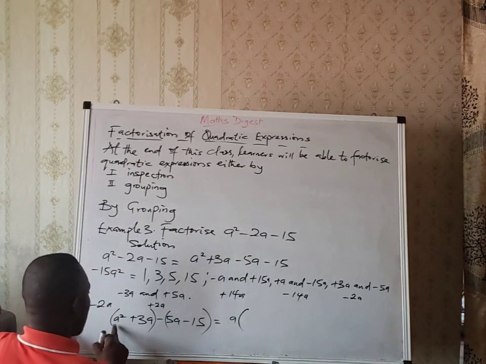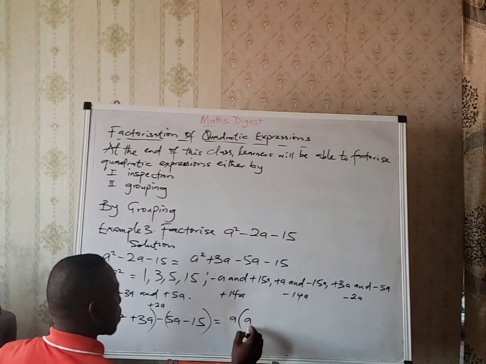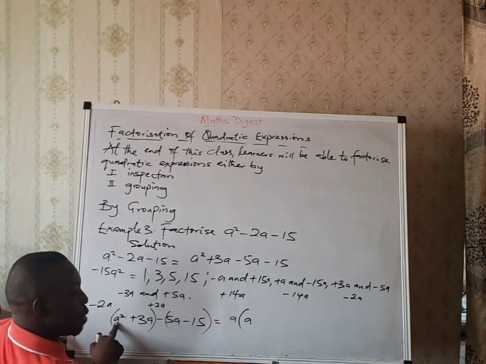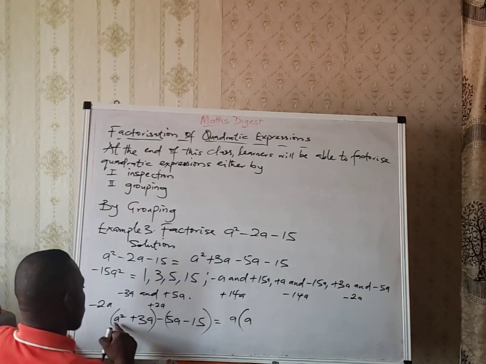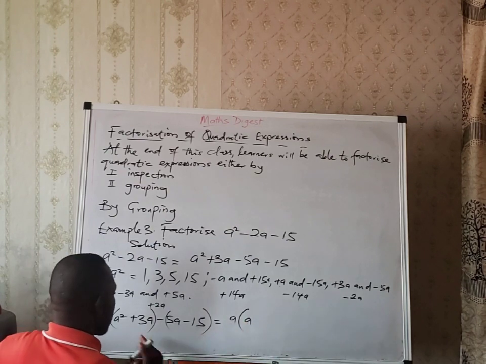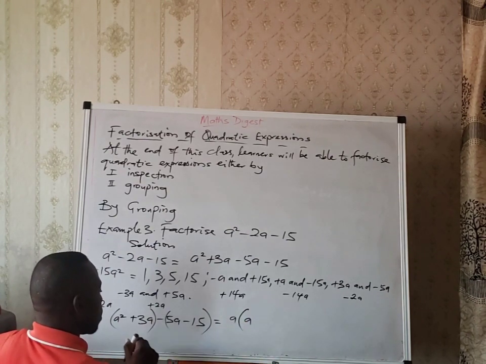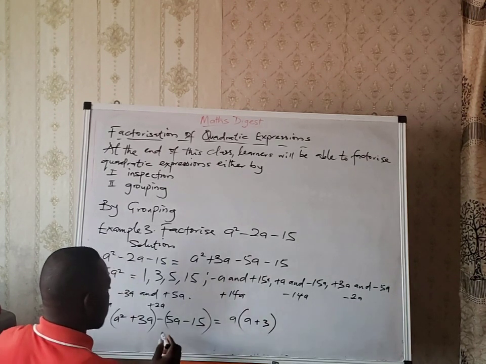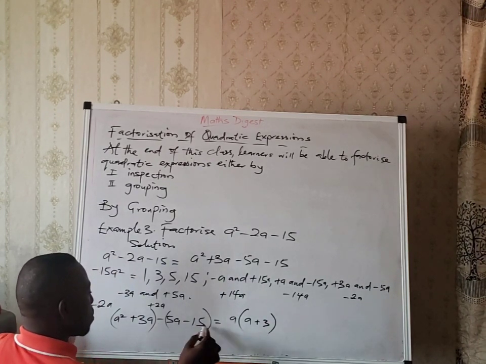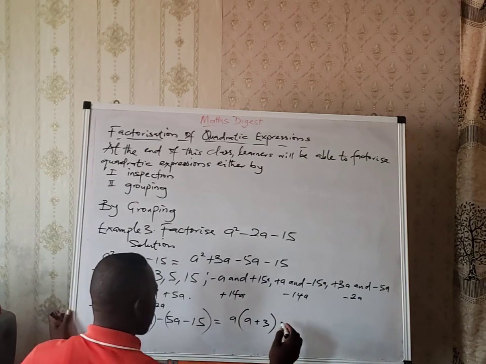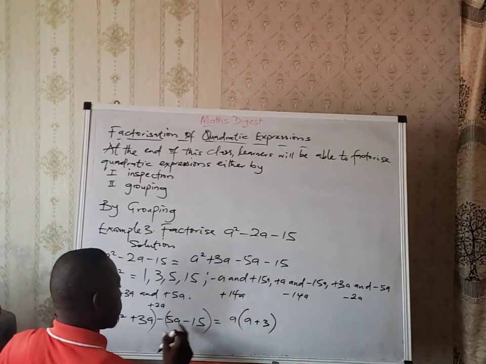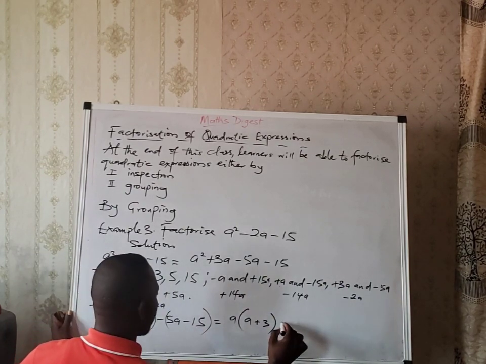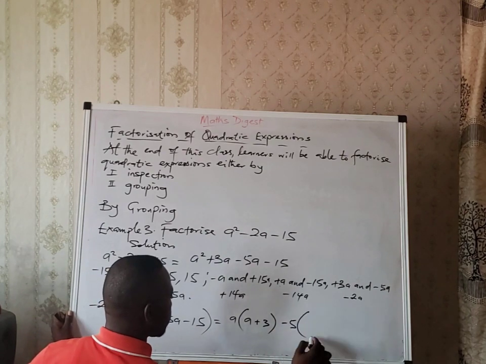A into this gives us a, because they are a squared, so one of them will cancel, leaving 1a. Now a into this, we cancel only the variable, and we have plus 3. Now what is common here is 5, so we have minus 5.